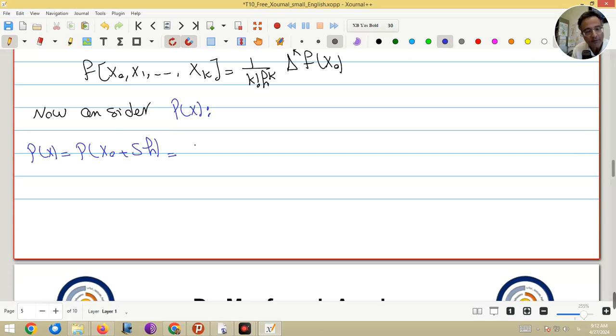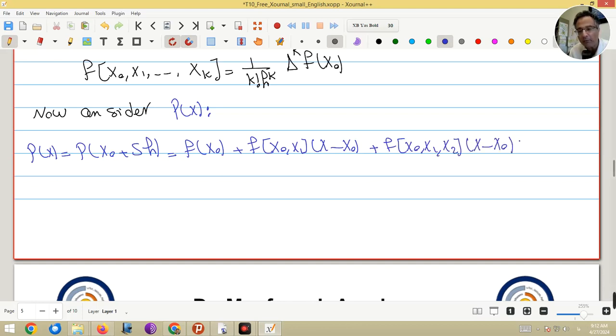By the definition of the Newton polynomial, it will be f of x0 plus f of x0, x1 times x minus x0, plus f of x0, x1, x2 times x minus x0 times x minus x1, and we continue in the same manner.